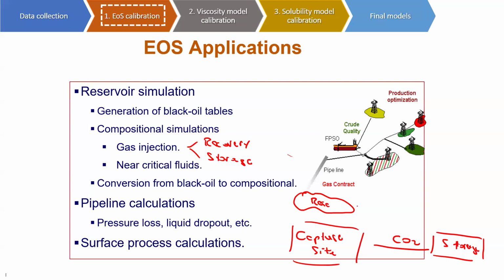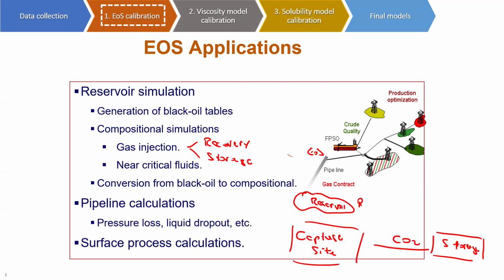So it's very common to calibrate the equation of state for the reservoir. So we have an equation of state calibrated for the reservoir. The production guy has another equation of state. The same Peng-Robinson equation, so you can use the same equation but calibrated with other parameters.